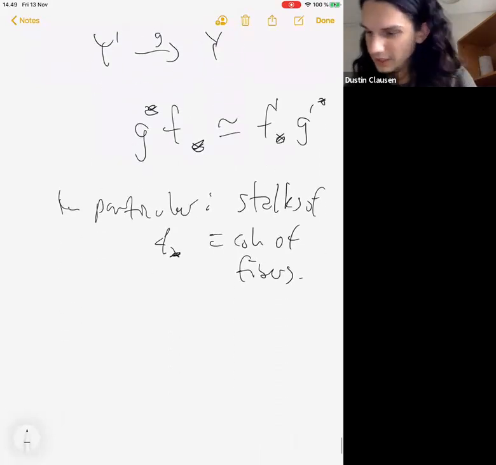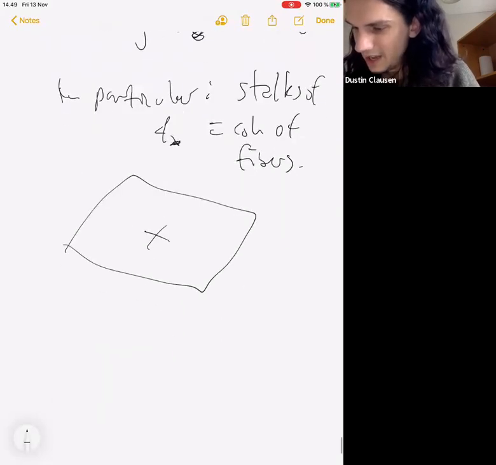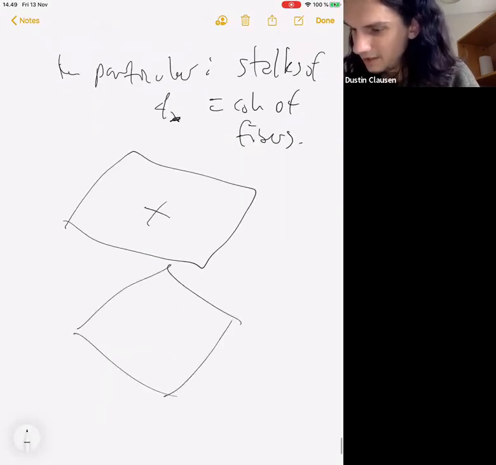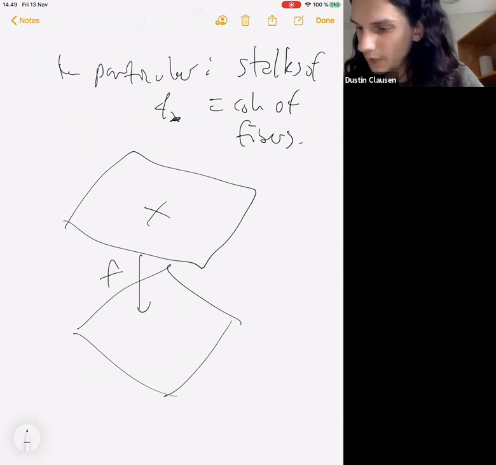So let's do a little example. Let's take the punctured plane mapping to the plane. That's an open immersion. It's basically opposite to a proper map. And then let's take the constant sheaf Z on here.